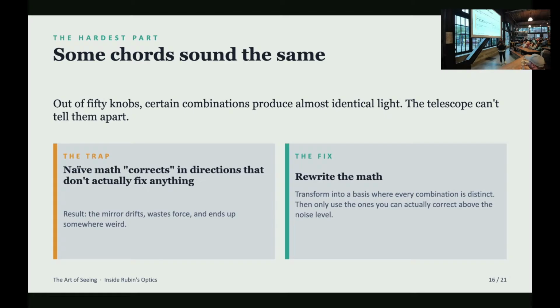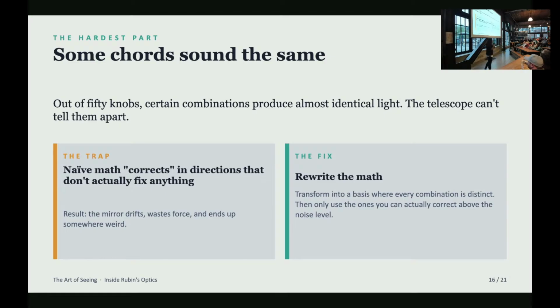So we basically take that and turn them into this basis function where we only turn those knobs which can show clear effects and push down everything else that's under the noise level, and we don't make any adjustments to them. So that's the actual correction that we make.